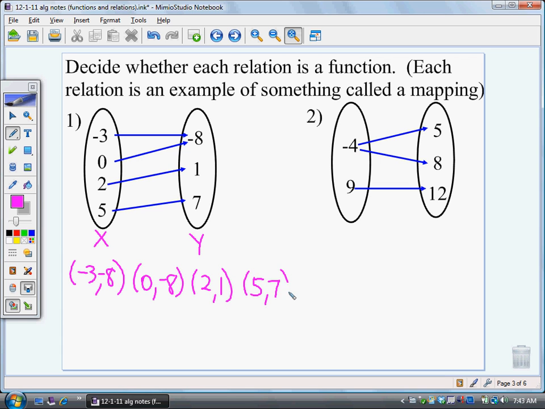So the mapping is representing 4 different ordered pairs. If you look at the x coordinates for each, they're all different. The y coordinate doesn't matter. So this particular one is a function.